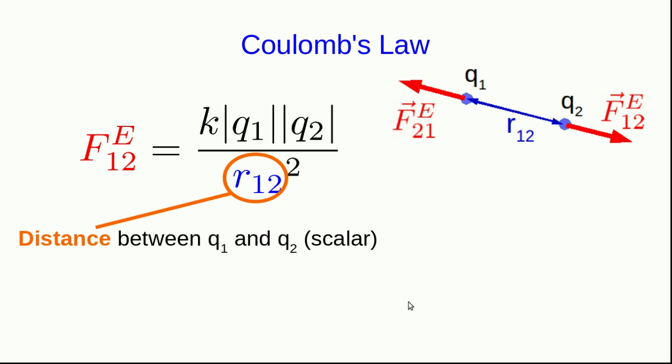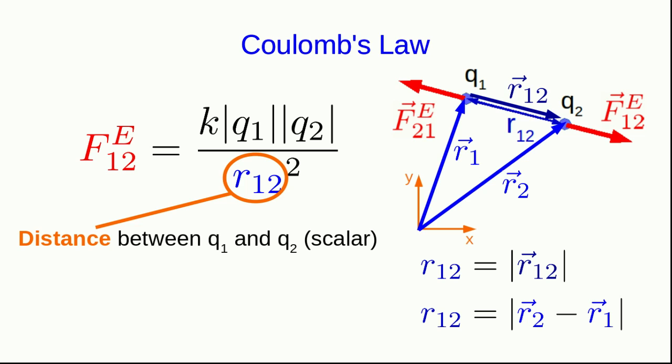Keeping with the theme of what is a vector and what isn't, note that r12 in the denominator here is the distance between charges Q1 and Q2, and like any distance, it is by definition a scalar. Now, that distance is the magnitude of a displacement vector pointing from Q1 to Q2, and of course, if you set up axes, you can define the positions of charge 1 and charge 2, and then that displacement vector is just going to be r2 minus r1.